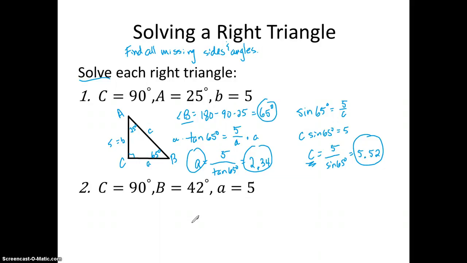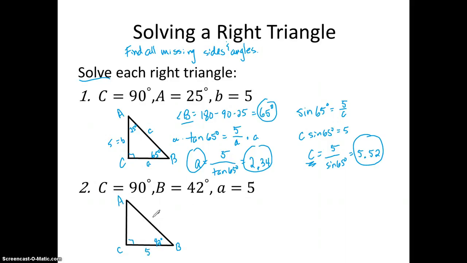Okay, so I'm going to draw a right triangle again, and I want to make sure that I label this correctly. So this here is going to be my C. It's 90 degrees, of course. B is down here. It's 42 degrees. And then A is going to be right here. It's 5.